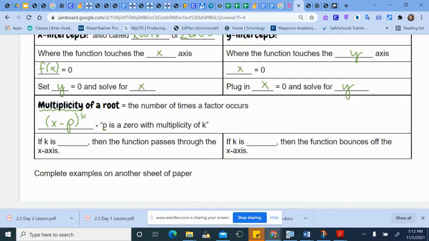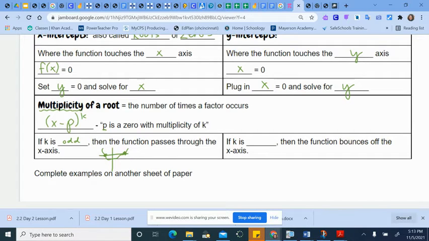And then if that exponent, that k on a root, is an odd exponent on that root, then the function is going to pass through the axis. What I mean by that is, let's say the function does whatever it wants to do at this spot right here and at this spot right here.